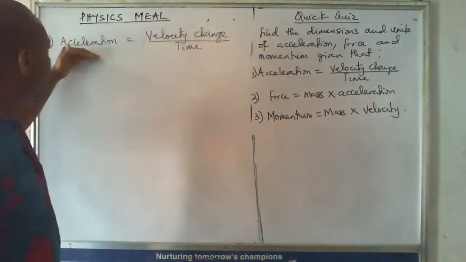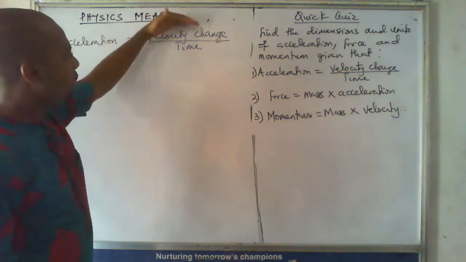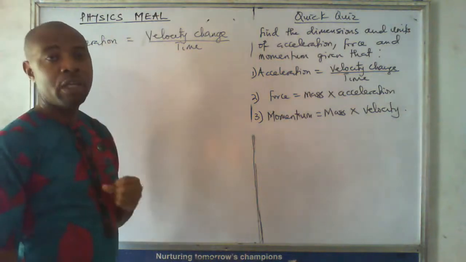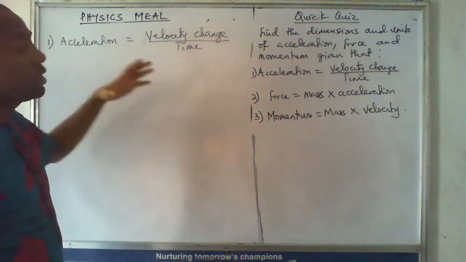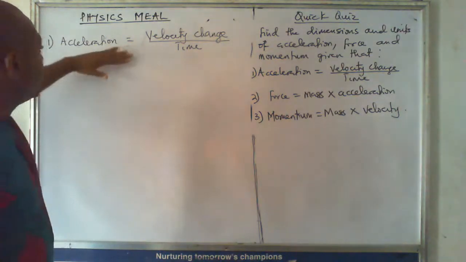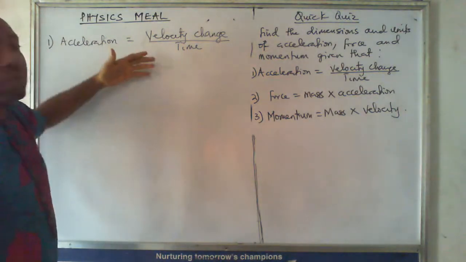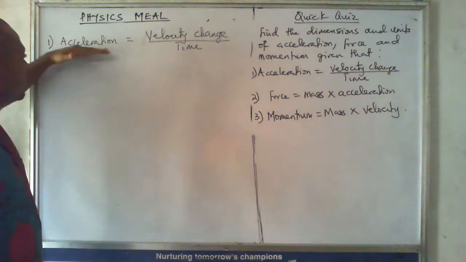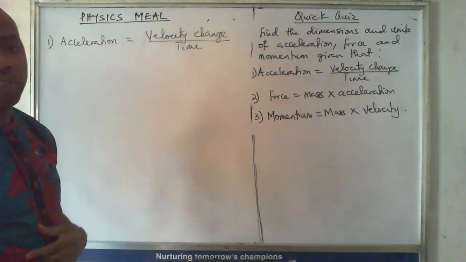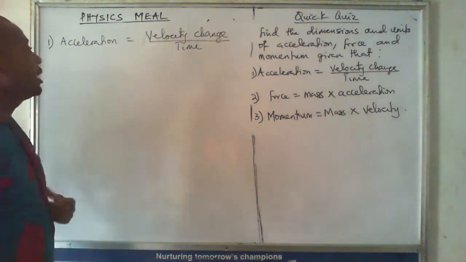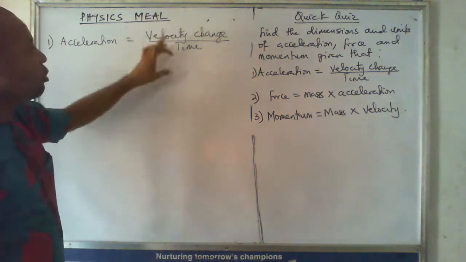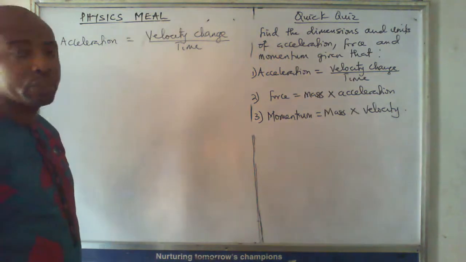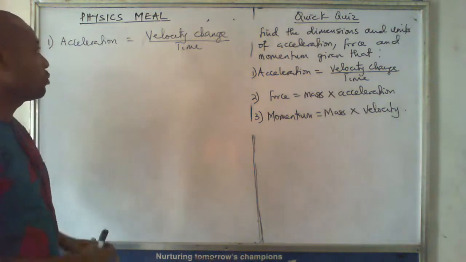And to calculate acceleration, we use this formula: velocity change all over time. Now, we make sure that the quantity is the subject of the formula. So here, acceleration is the subject of the formula, and it is the dimension and the unit of acceleration that we are trying to find. That's the next step. Then we are asked to express all the quantities in terms of the dimensions of the fundamental quantities.